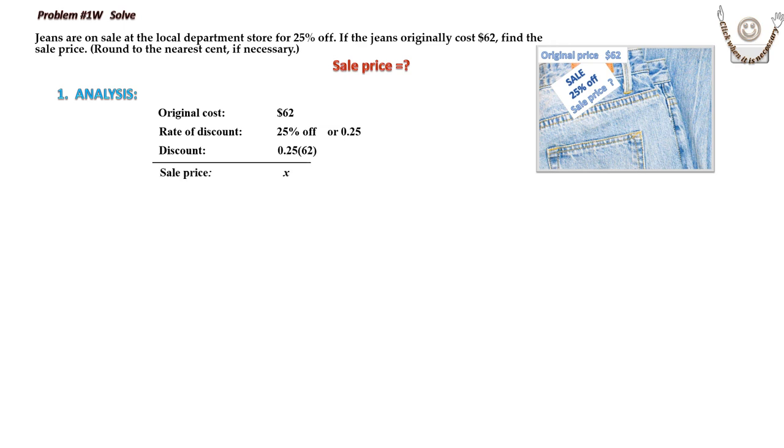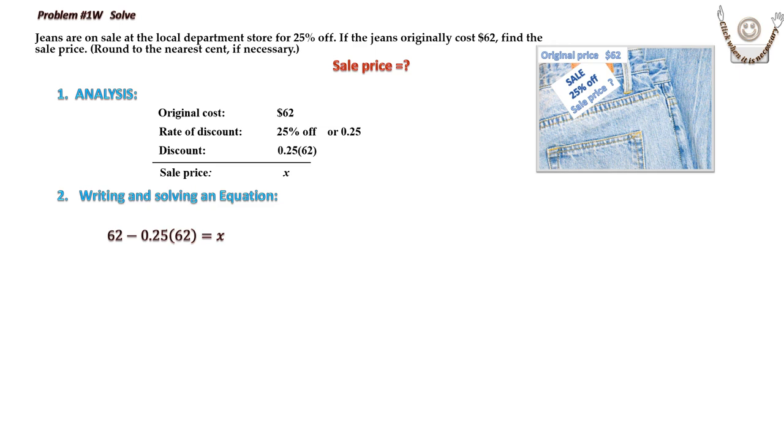Now we are ready to write and solve the equation. 62, the original price, we have to subtract the discount, which is 0.25 times 62, and this is what we are looking for.